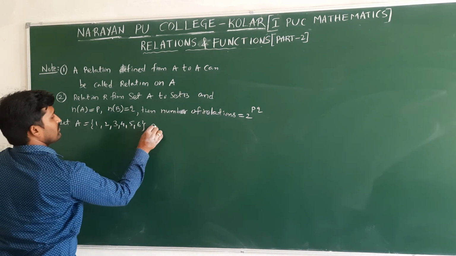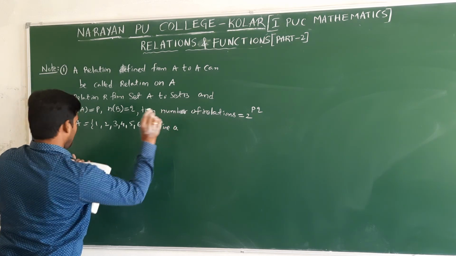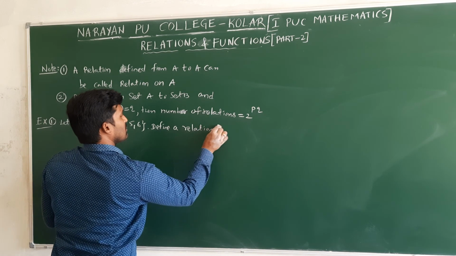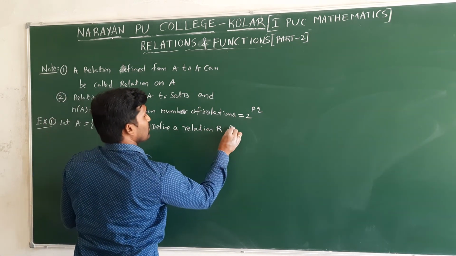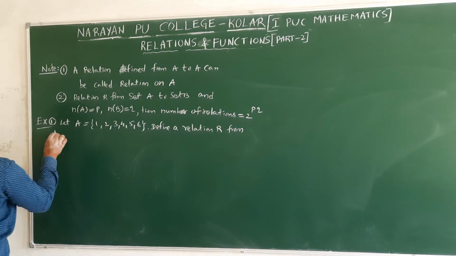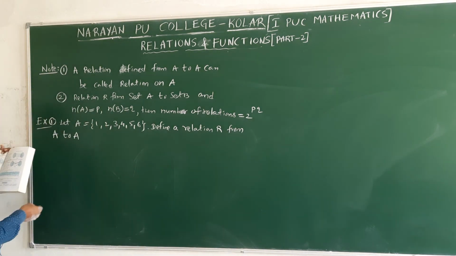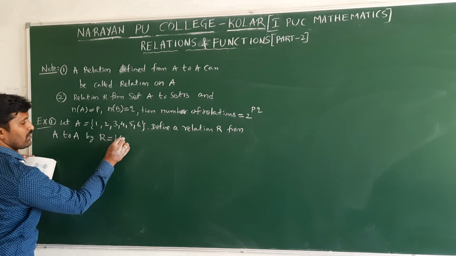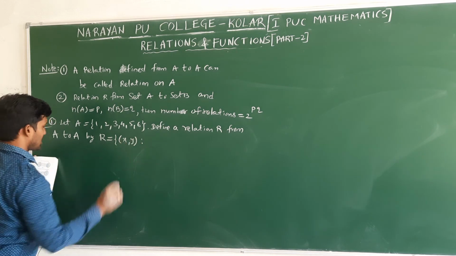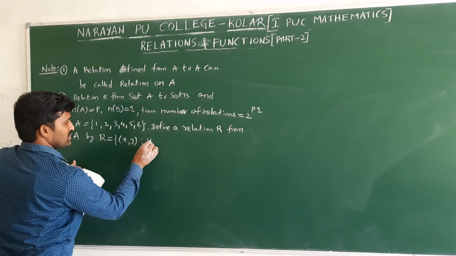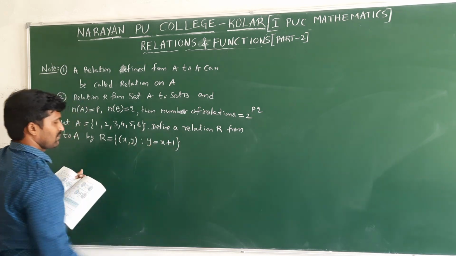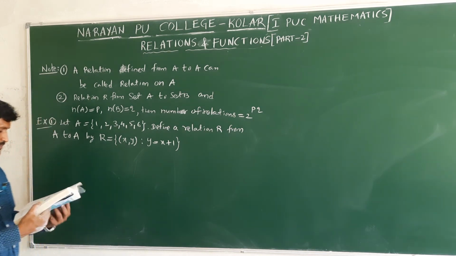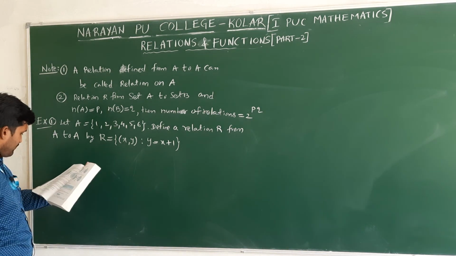Define a relation capital R from A to A by R equals the set of ordered pairs (x, y) such that the given relation between x and y is y equals x plus 1. Before, I gave an example with a, b symbols; you can use any ordered pair symbols. Okay, this relation is given.